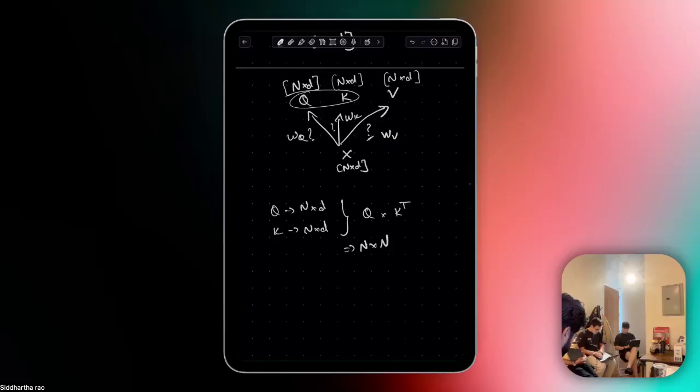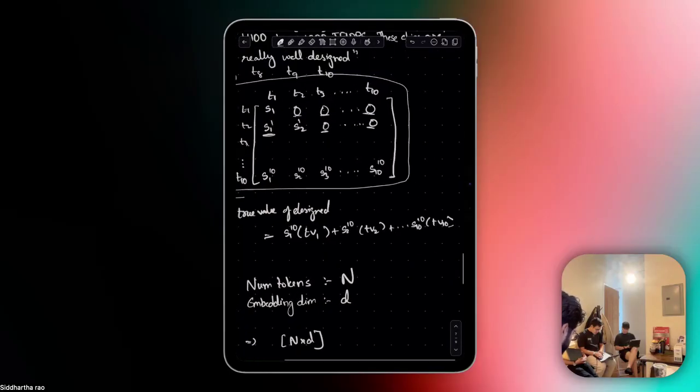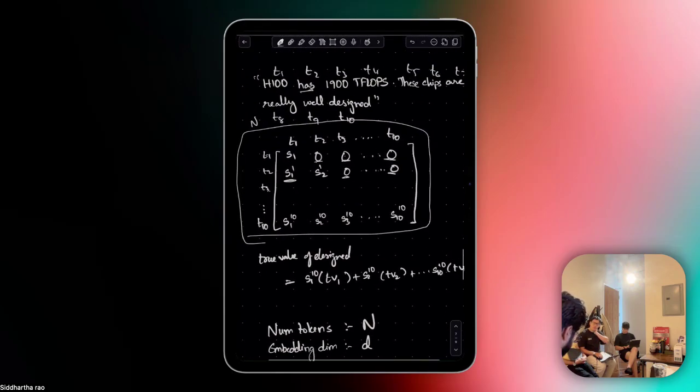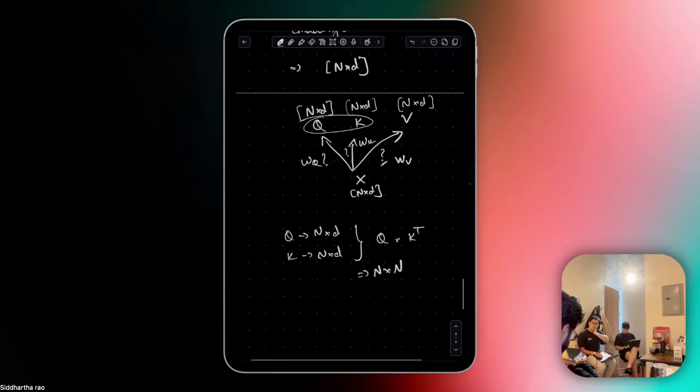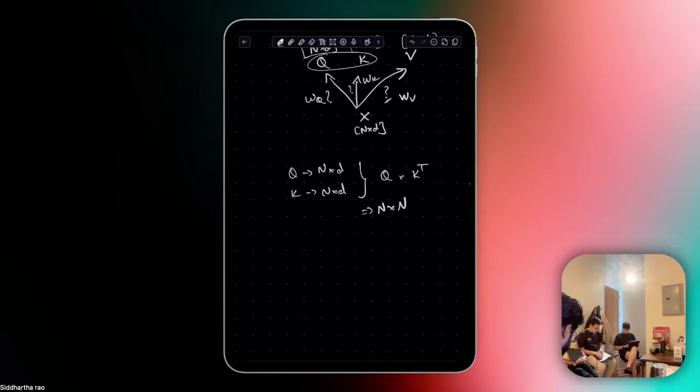So this n by n score matrix is the matrix which we wanted. Then this matrix multiplication is divided by square root of d. We don't have to talk about the reason right now, but that is to control the variance of the matrix multiplication. If you have some stats background, you can look at what happens to the variance if you multiply two matrices sampled from a Gaussian distribution.